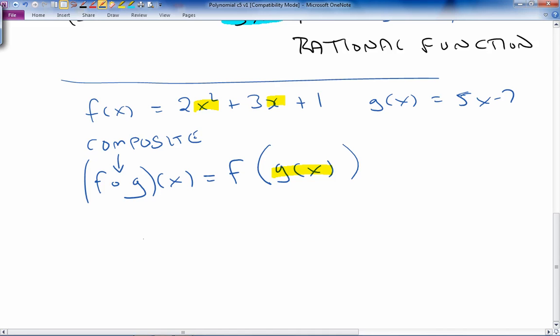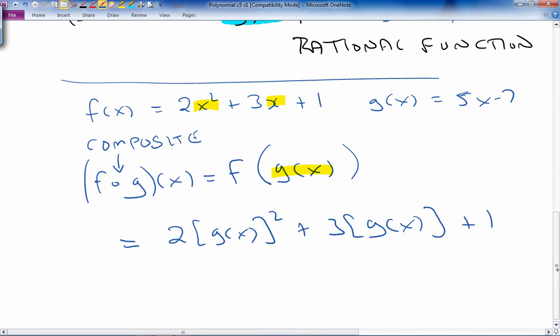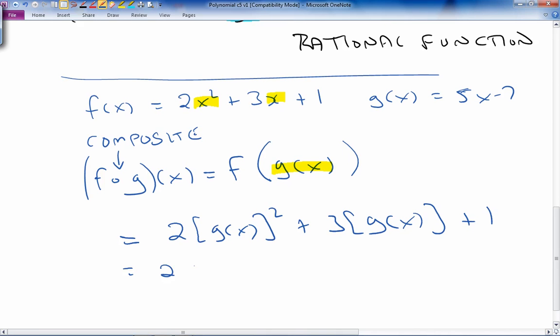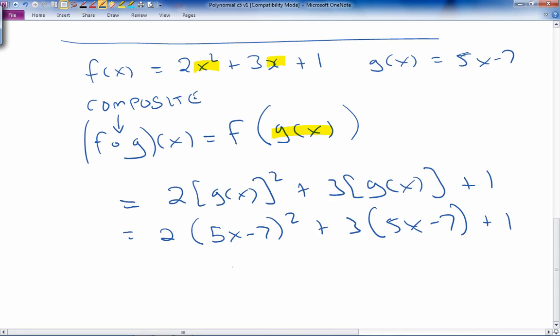So that will become 2 g of x squared plus 3 g of x plus 1, 2 (5x minus 7) squared plus 3 (5x minus 7) plus 1, and then you can continue to simplify, which again I'm not going to finish.